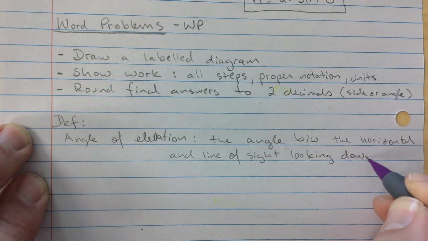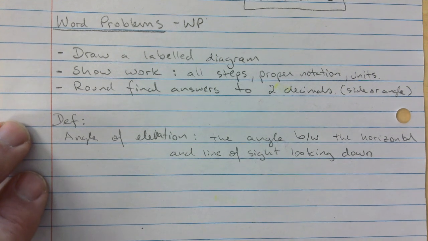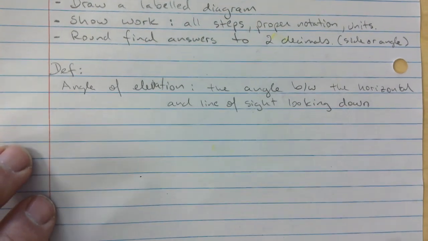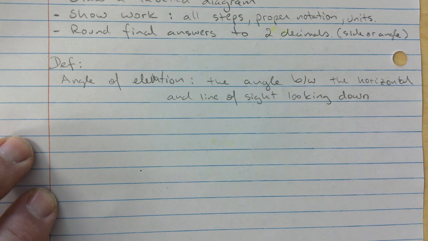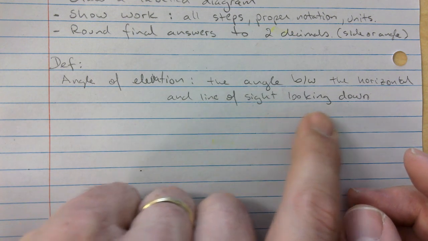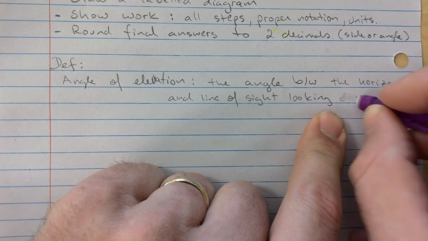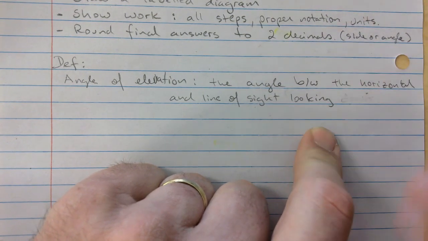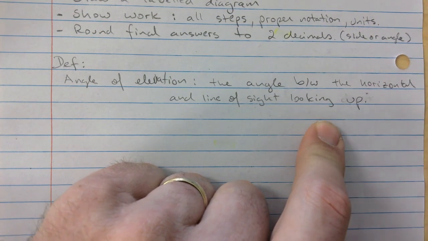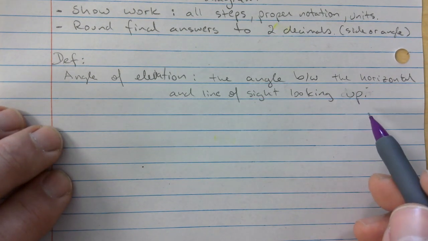It doesn't always have to be looking, it can be flying, like if you're a pilot, right? You're flying and your angle of wait. I was looking at the wrong line in my notes here. This is supposed to be angle of elevation, so it's line of sight looking up, okay? Looking up. And I'll give you a diagram as well of these.